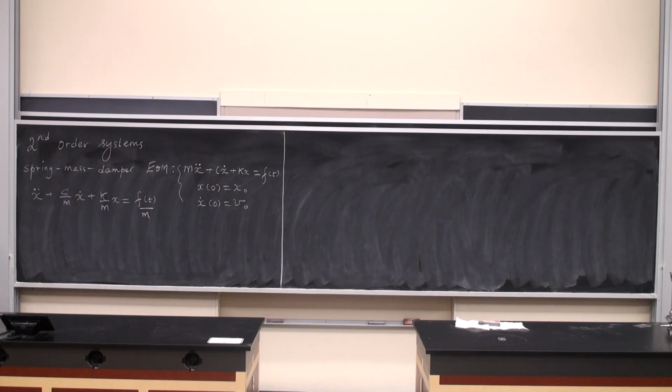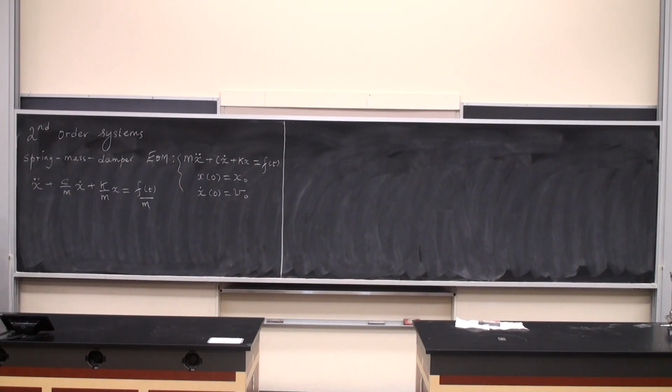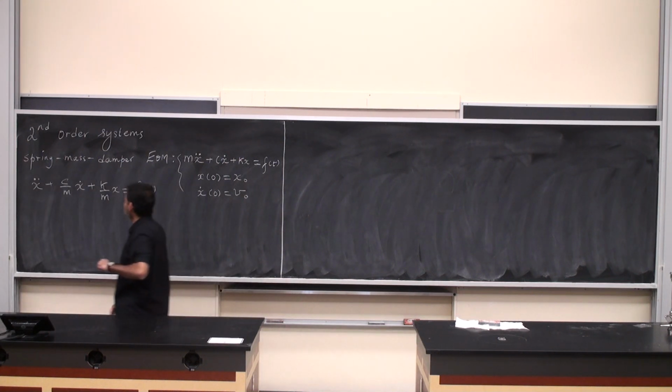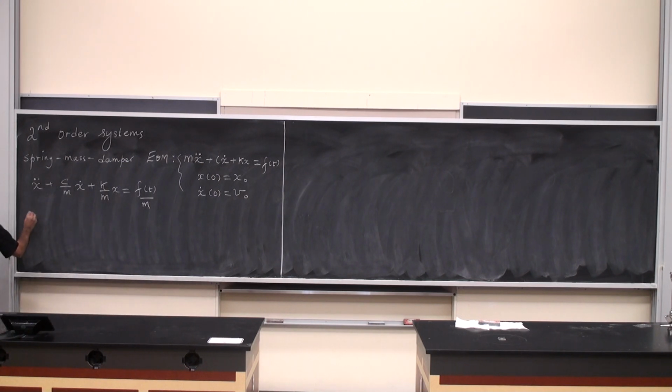Then we said that k by m, we're going to call it the square of the natural frequency, and this term c by m, we will do some manipulations to.